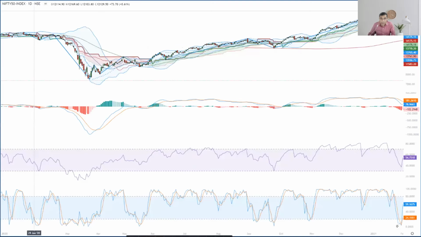Let's move ahead. I call this screen the maze of confusion, because this is what most people do, especially beginners who have just started out.